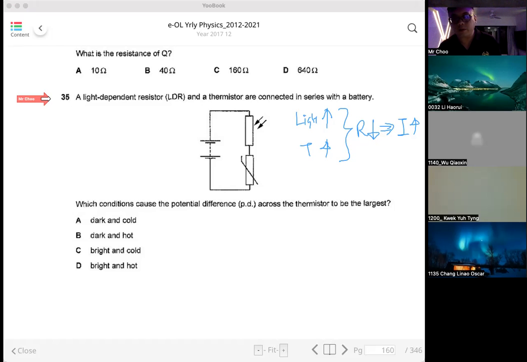Yiting incorrect. Oscar incorrect. Pei Kwan incorrect. Pei Kwan still incorrect.